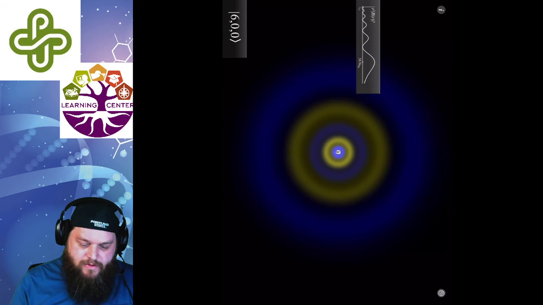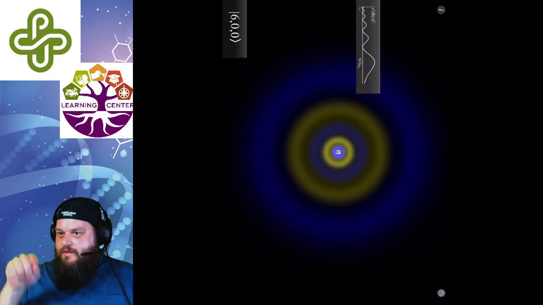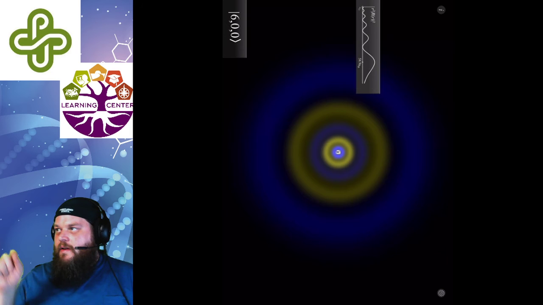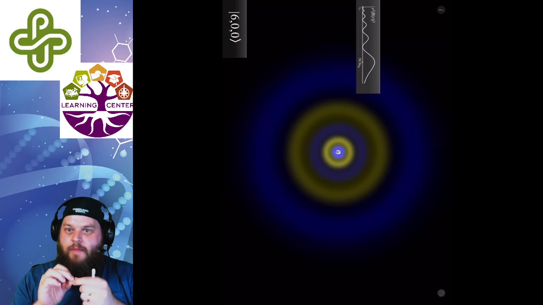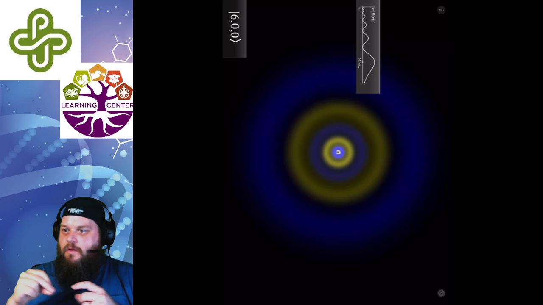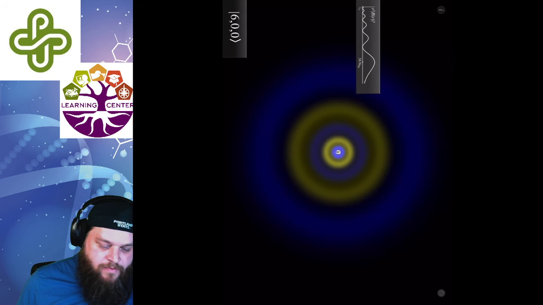Now we have those nodes there, and each of those little humps as it comes down and reaches the bottom of that graph is the probability of an electron being at a certain radius. When that probability reaches 0, we get a node, and that defines the different subshells, the 1s, 2s, 3s, 4s, 5s, and so on.